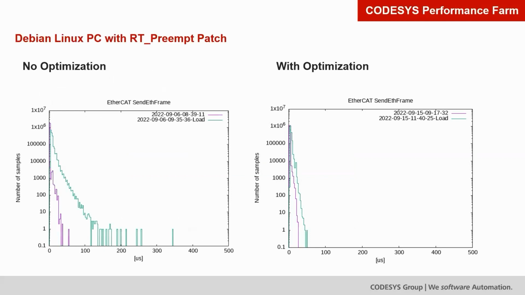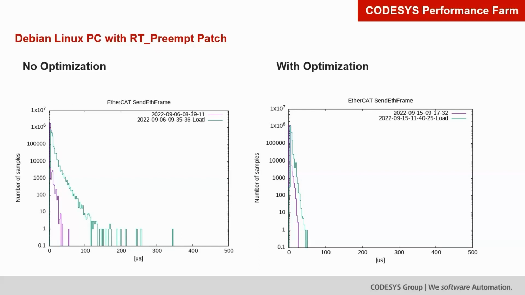Let's have a look at such a measurement. Here we have the measures of a Debian Linux PC with the RT-preempt patch. On the left side without optimizations, on the right side with optimizations. And very interesting is the green figure, because it shows the tests with CPU load.